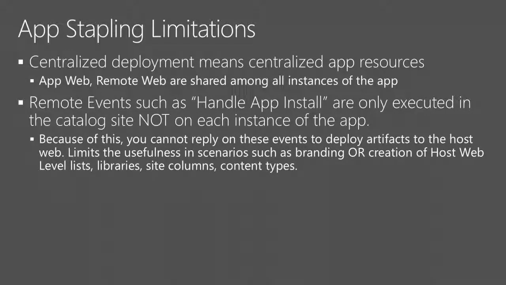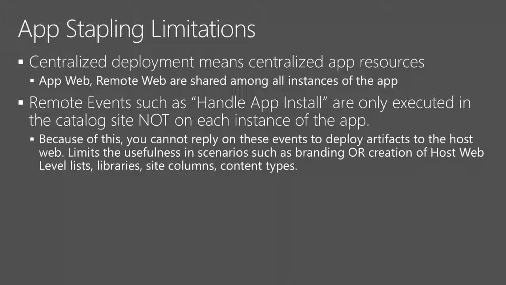The other interesting thing is remote events, such as handle app install, are only executed in the catalog site itself, because if you remember, the app was actually installed in the catalog site. So all of those events are going to fire in the catalog site. I've seen a lot of people try to use this capability to do things like deploy branding or deploy files into a site, right?